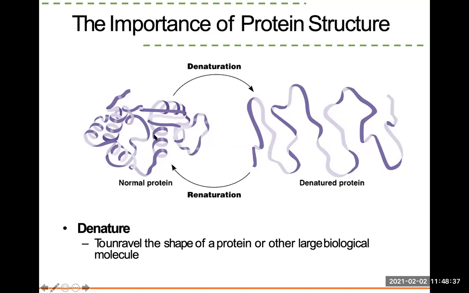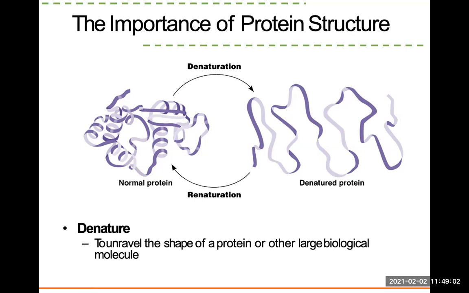This is a normal protein. It has a certain shape. These proteins work at a certain temperature. If you change the temperature, let's say you heat up this protein, it's going to lose the shape. And I've been saying that structure is important for function. If it loses the shape, it loses the function. So structure and function are linked together.